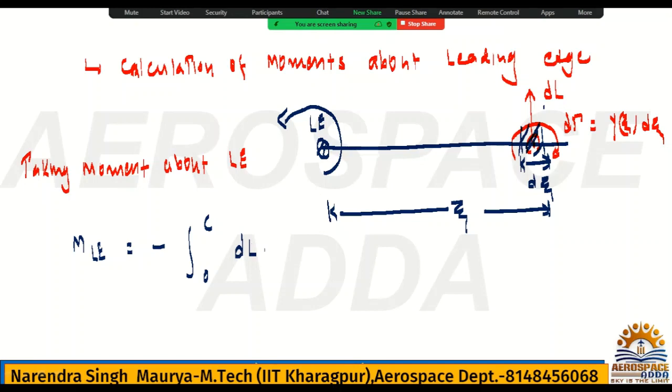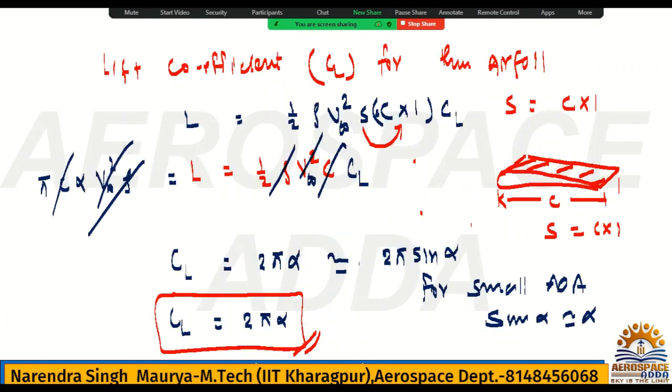Lift is dl into what is the distance? Xi. Yes or no? All right, now you can write the minus sign because it is anti-clockwise. Now you know very well what the lift will be. You have seen that previously. Okay, lift is nothing but, check here, it is already explained.